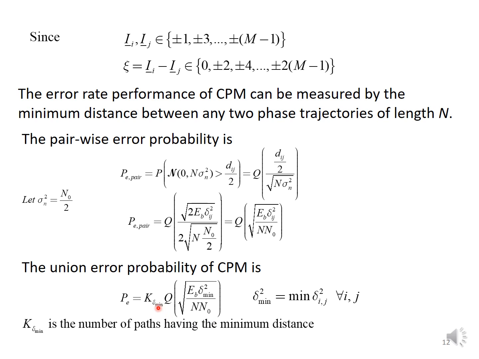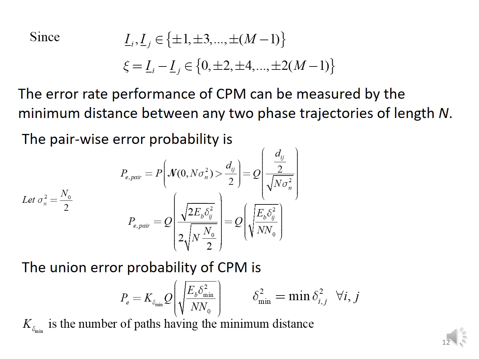The number of minimum distance paths times the error probability at the minimum distance. That gives the union error bound, the union error probability for the CPM signal. It just applies the same concepts.